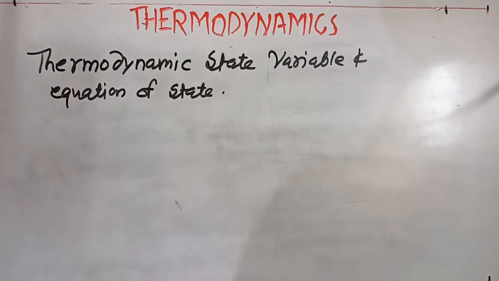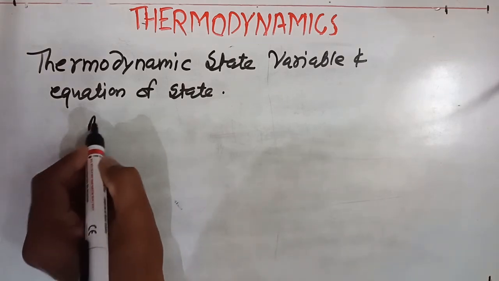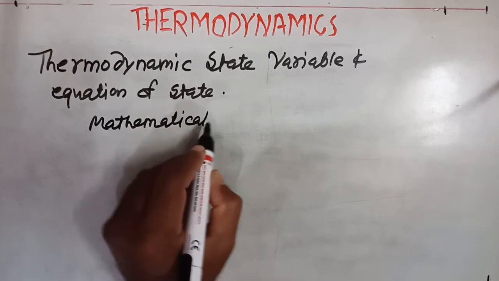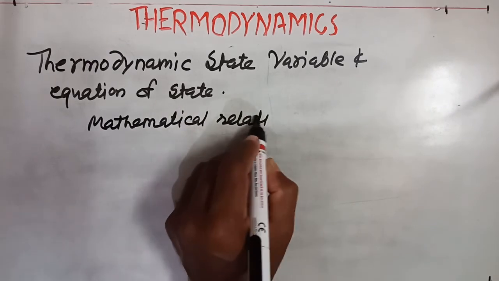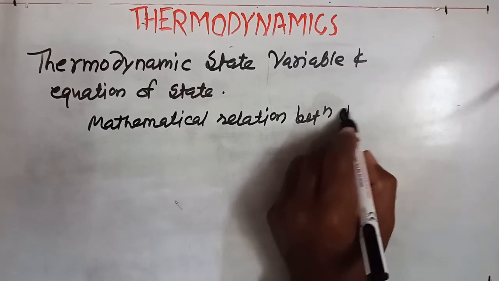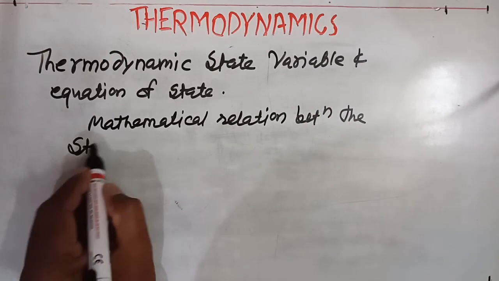Equation of state means what? That is a mathematical relation between the state variables. What is this equation of state? That is just a mathematical relation between the state variables.